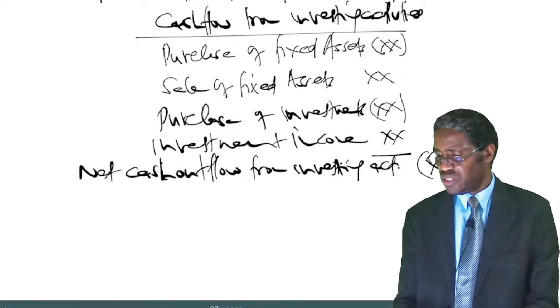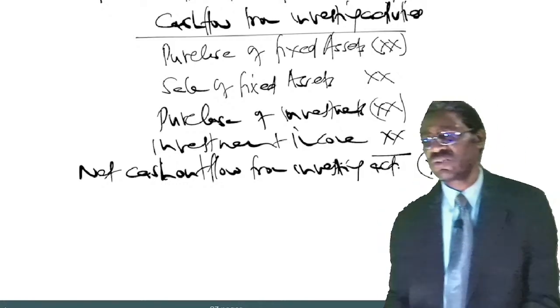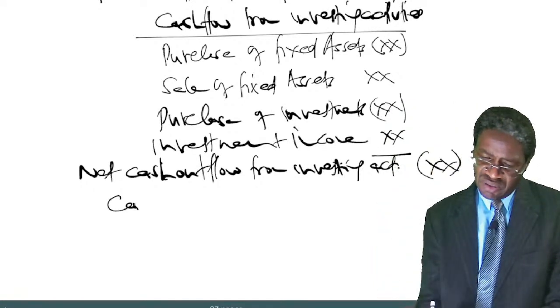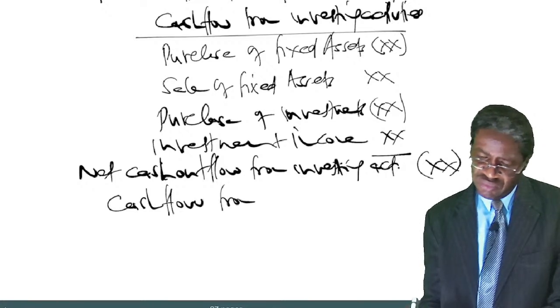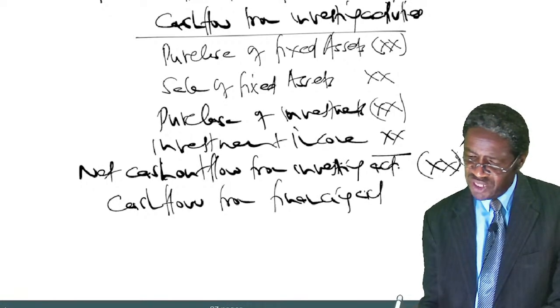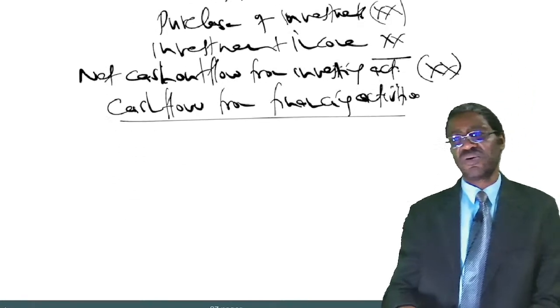Good. Then you go to the last category. That is the cash flow from financing activities now. Come and see your cash flow from financing activities. Cash flows from financing activities. Okay.